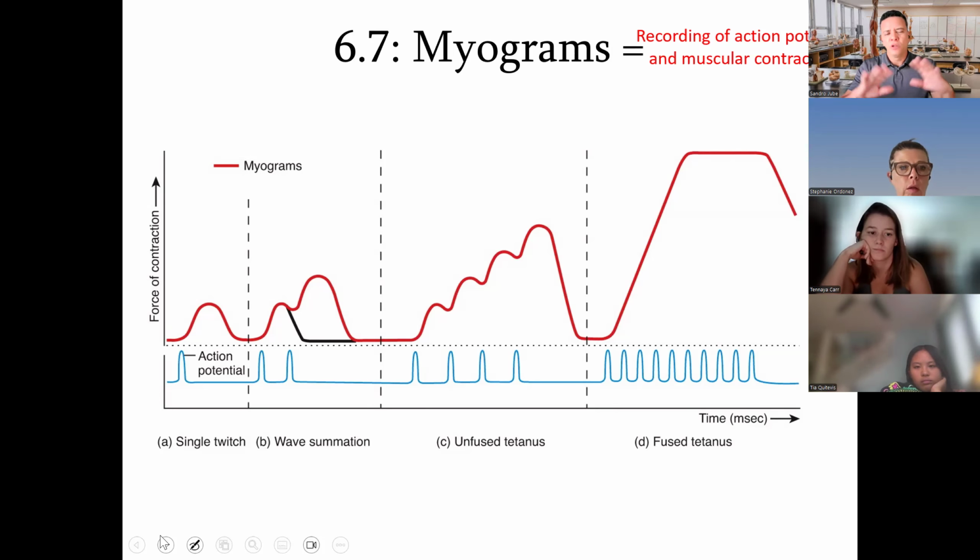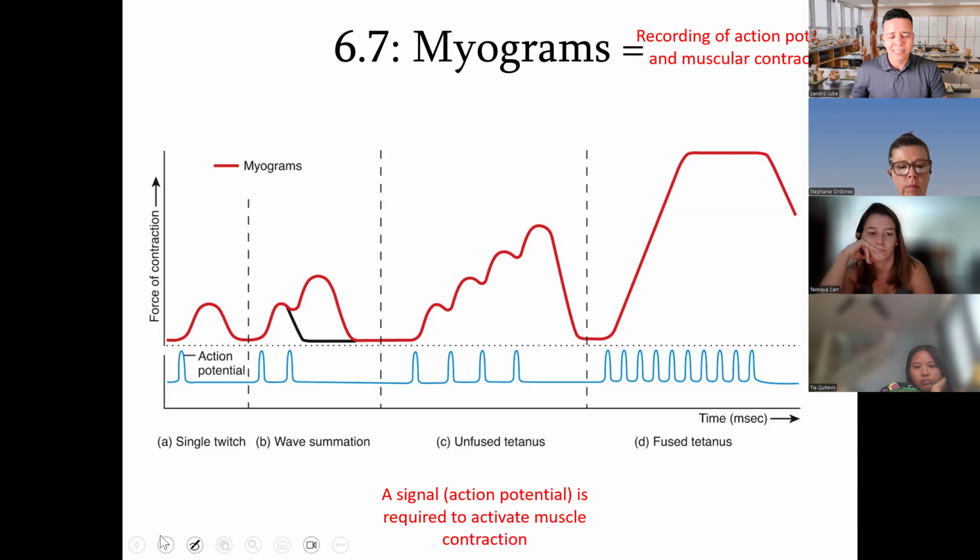Now, you don't really need to memorize all the stuff right here, but I want you to understand the most important thing that you need to get from this: the signal, the action potential, is required in order to activate muscle contraction, because there is no muscle contraction without action potential.